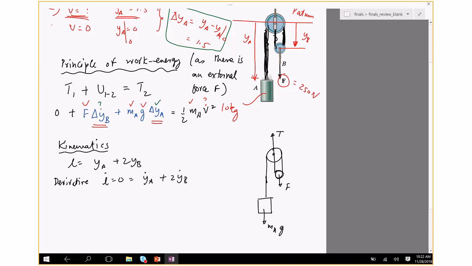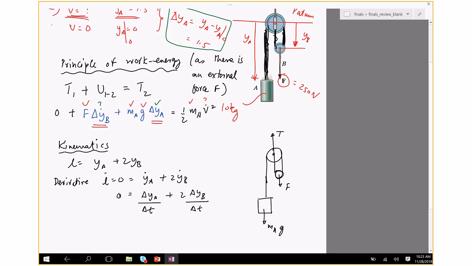Okay, but what is the derivative? What is the definition of a derivative? It is basically delta YA divided by delta T, right? Rate of change of position, plus 2 delta YB over delta T, and that's equal to 0.